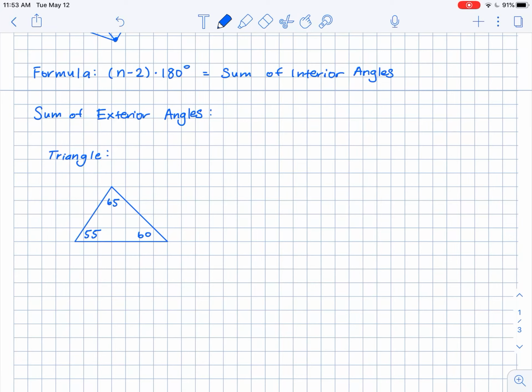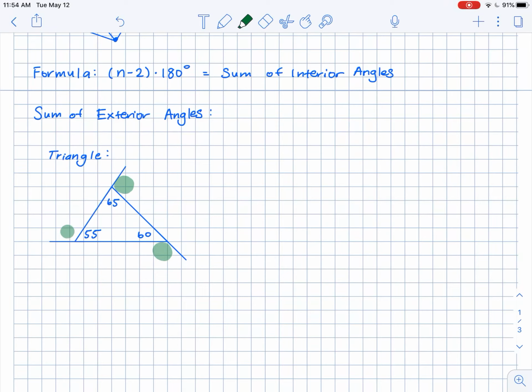Okay, exterior angles, we're going to go clockwise when we create our exterior angles. Okay, so the exterior angles are created by extending out the lines. Now we have to always go in the same direction. Okay, so we have created three exterior angles.